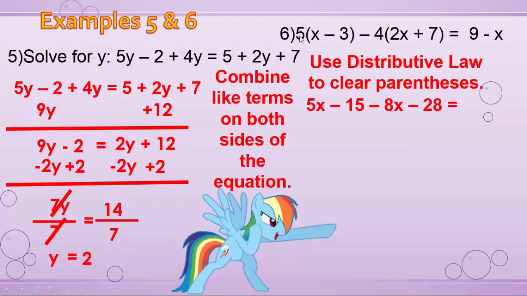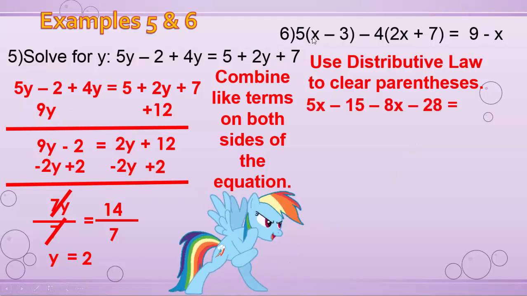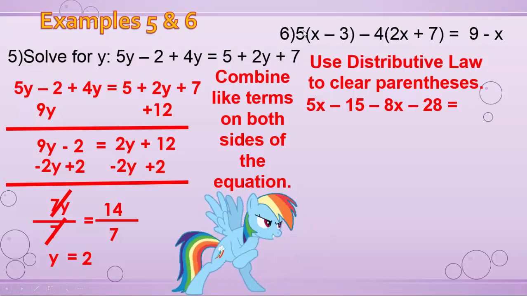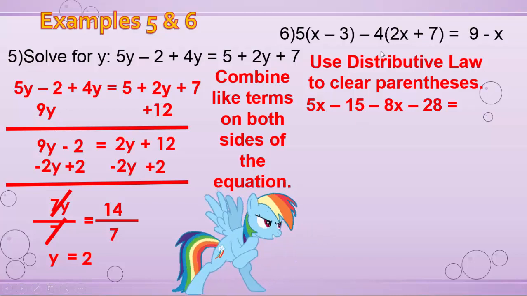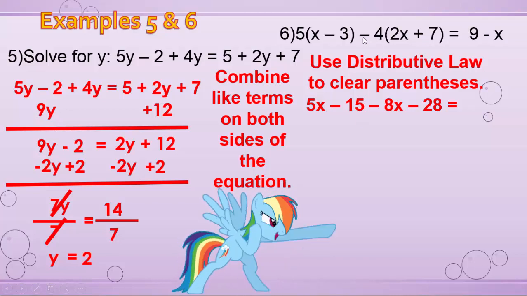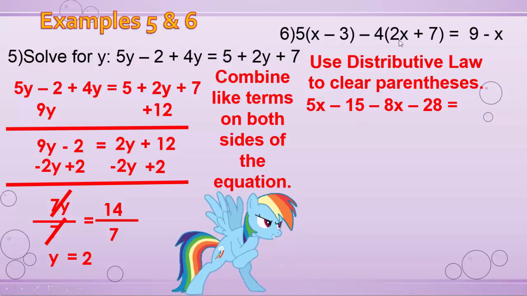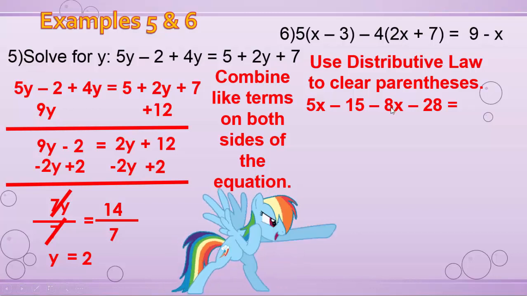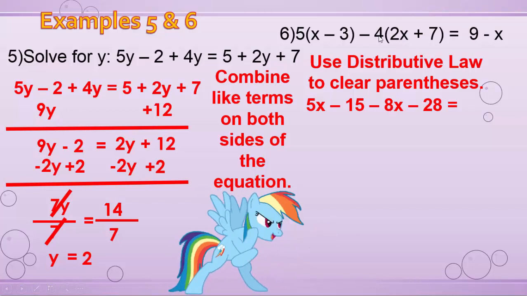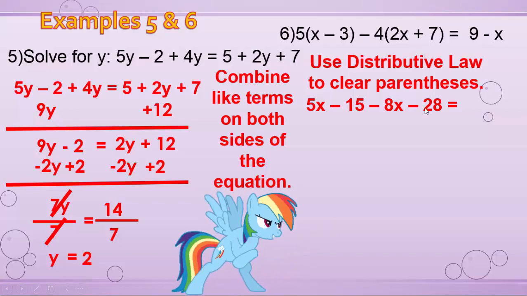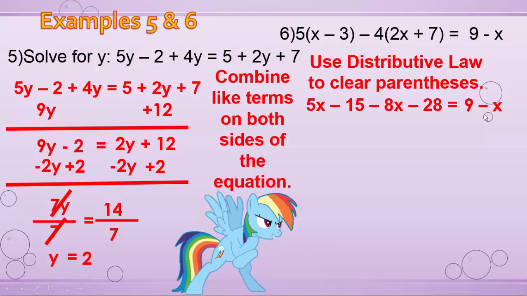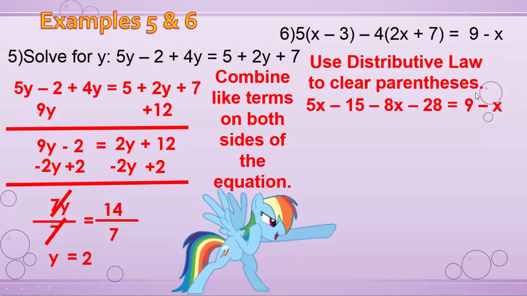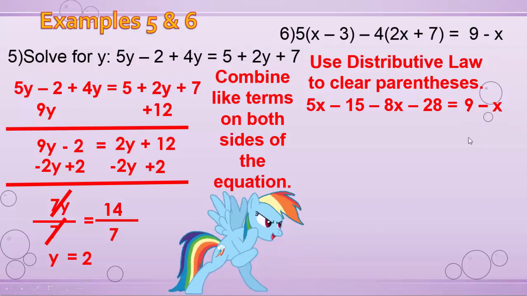So I must multiply 5 times x to get 5x, 5 times negative 3 to get negative 15x, and here I multiply negative 4 times negative 2x to get negative 8x, negative 4 times positive 7 will give me negative 28, and then I keep this the same on this side, 9 minus x.